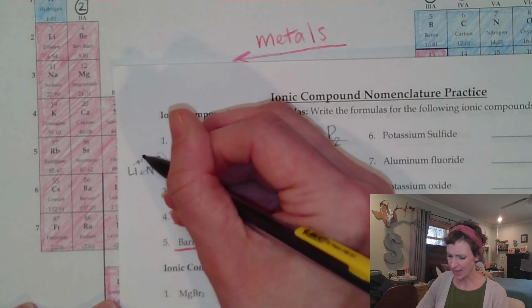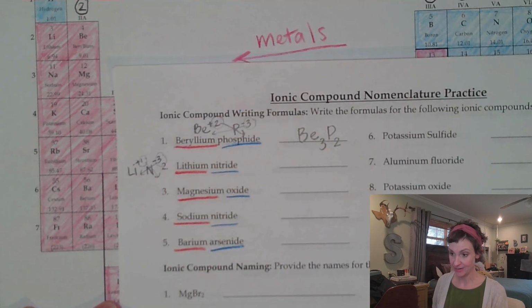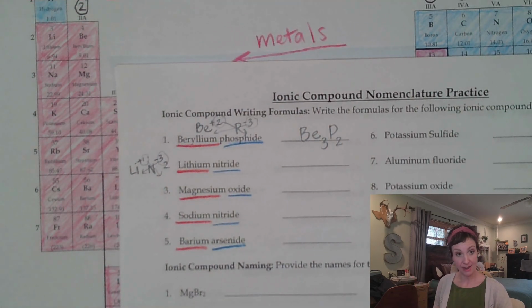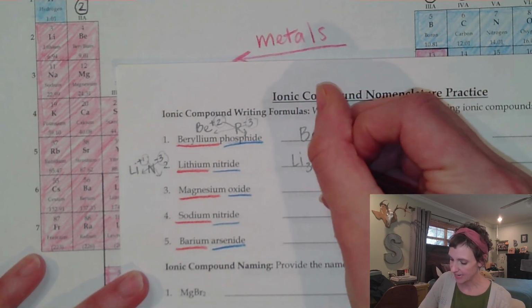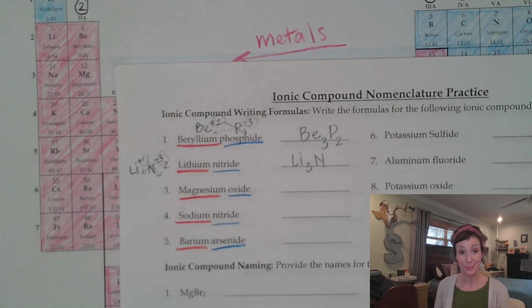And lithium gives a 1 to nitrogen. Now, if you have a 1 being dropped down, a 1 we do not write because it is understood if you write that element symbol, I am giving you that there is 1. So we have Li3N. That's the formula for lithium nitride.